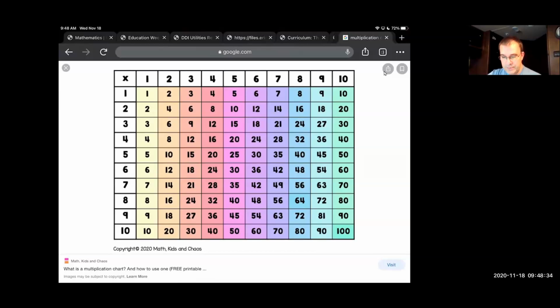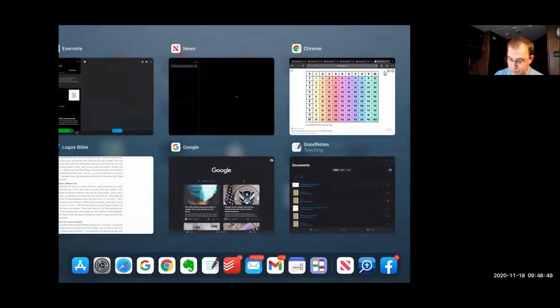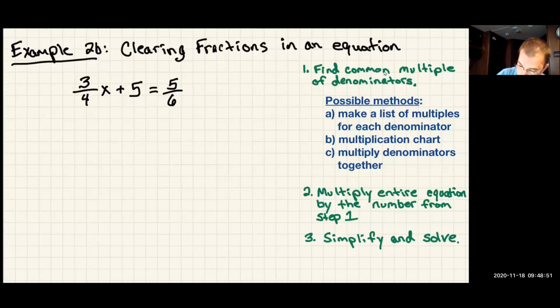And then I can do the same thing. Look at 6 in the top row. 6, 12, 18, and so on. Well, the smallest number that I see as a multiple of 6 and a multiple of 4 is the number 12.